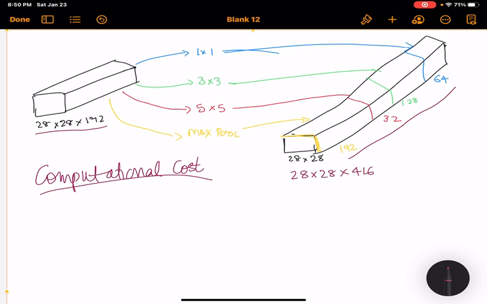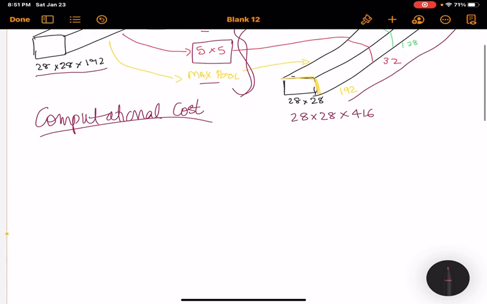For that, I will not find out the computational cost for all four operations. Let me just pick one of these, say 5 cross 5, and see what its computational cost is. Then you could marginally guess what the computation would be for 1 cross 1, 3 cross 3 and max pooling, and if you sum up, what computational cost you will get.